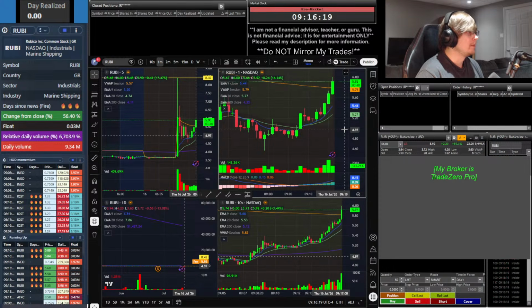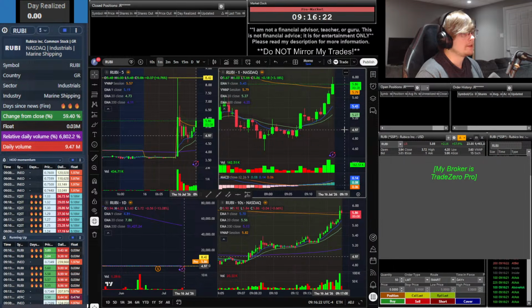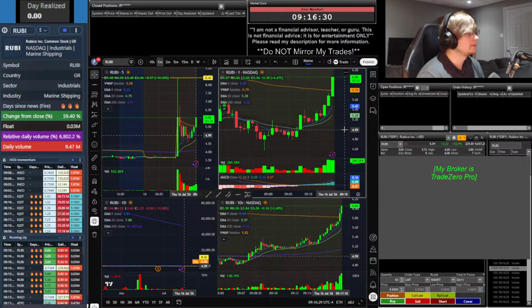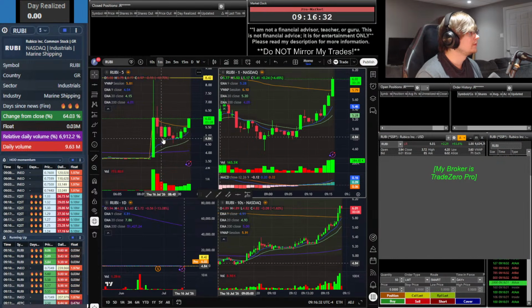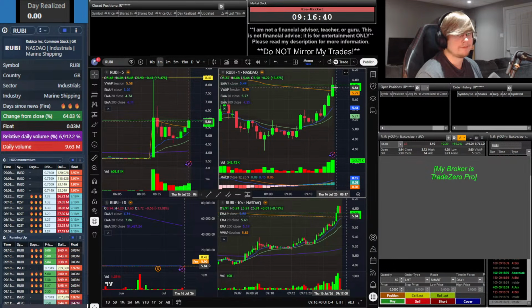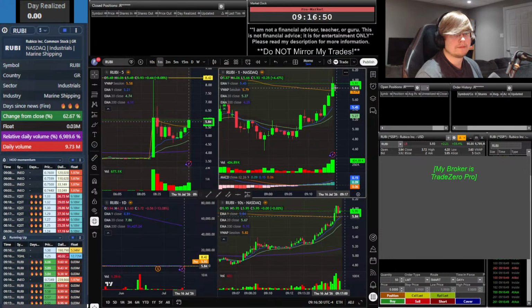So I don't know if I'm interested in Ruby here. We're coming close to market open. We're 14 minutes to market open. We're breaking through VWAP here. But yeah, if you do a lot of scalping, being commission free can be important.